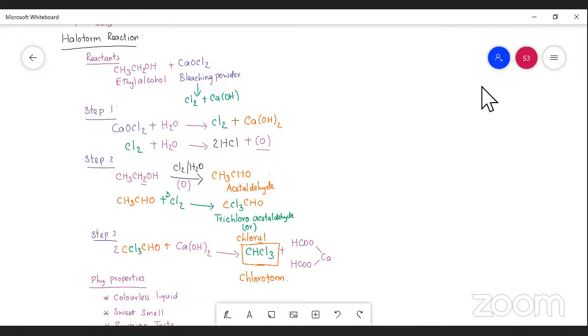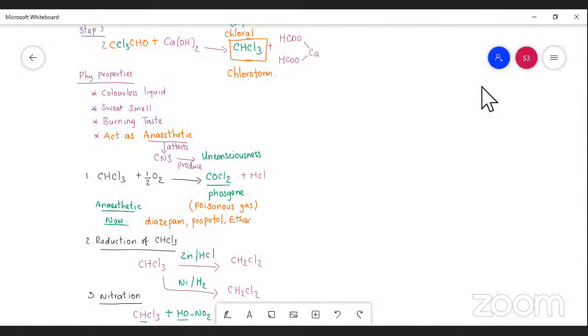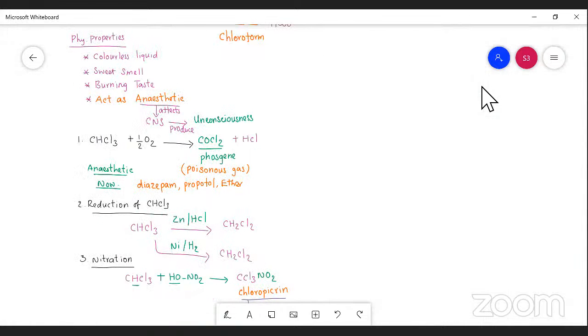Now we take the physical properties and the chemical properties of chloroform. It is a colorless, sweet-smelling liquid with a burning taste. Chloroform may act as an anesthetic. It affects the CNS, the central nervous system, and produces unconsciousness.